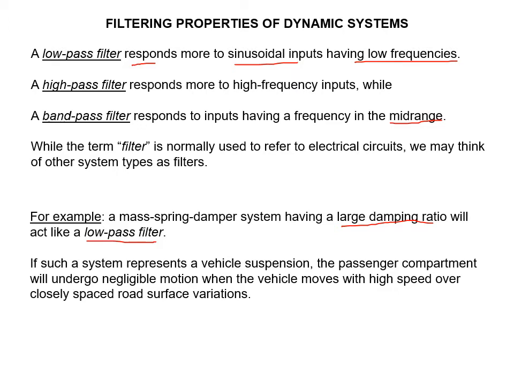These are represented in vehicle suspension. This is where the passenger compartment undergoes negligible motion when the vehicle moves at high speeds over closely spaced road surface variation. So you're going over a bumpy surface, and we want to minimize the amount of motion when it's going over these bumpy surfaces.